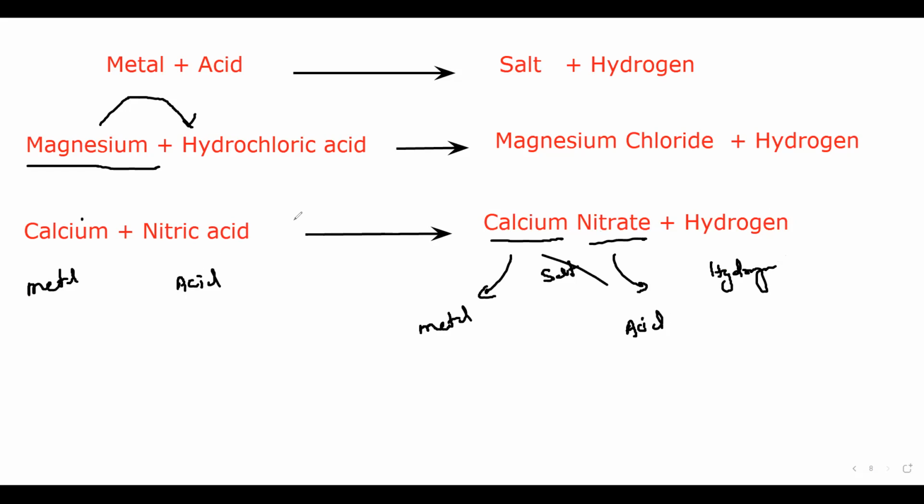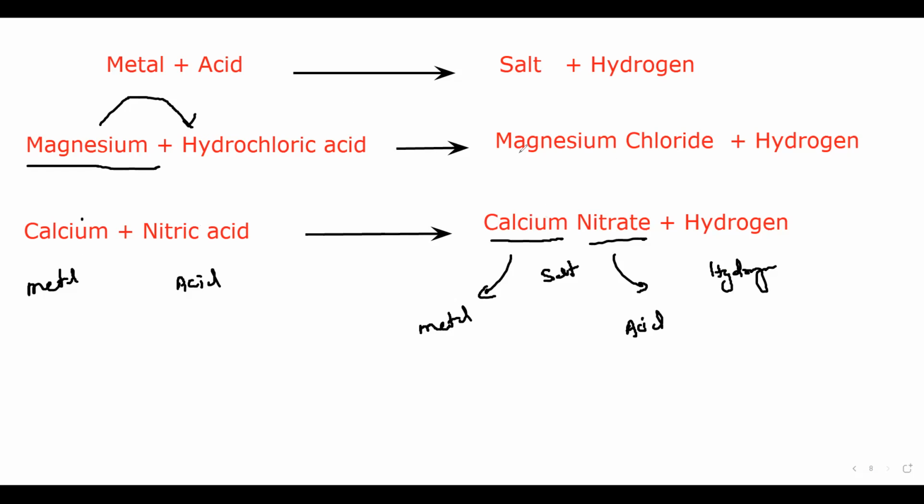This is always the case. So when calcium is mixed with nitric acid, the first name comes from the metal, that's why it is calcium. The second name comes from the acid. Nitric acid gives nitrate salt. Hydrochloric acid gives chloride salt.